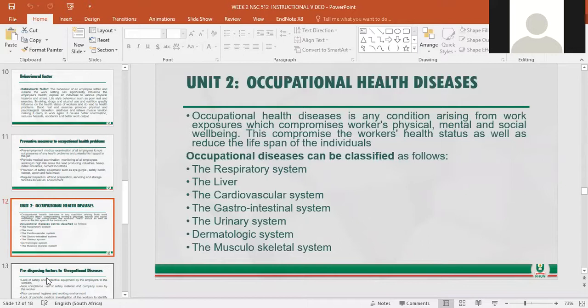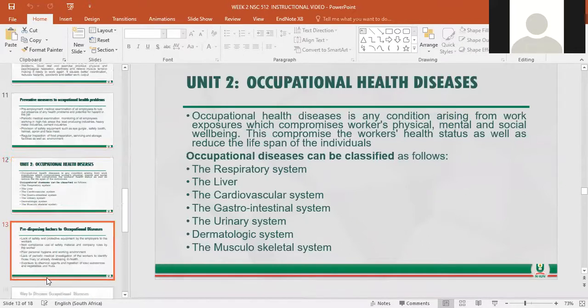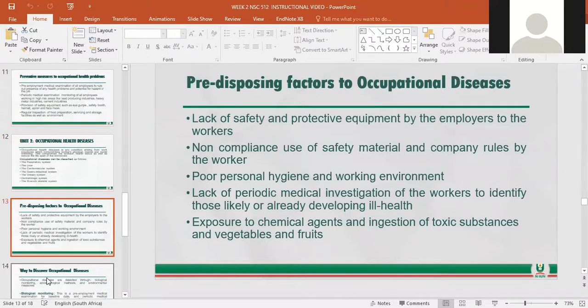When an individual is exposed to hazard in the job place, the person has a health problem.